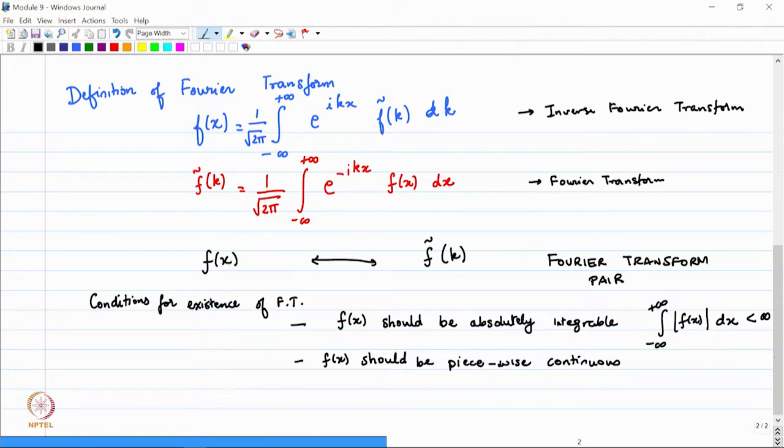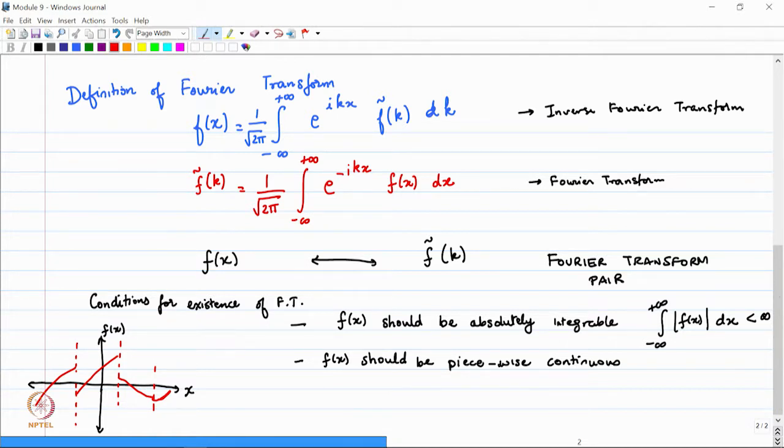What that means is that if I plot x and f of x, a piecewise continuous function might look something like this. It is not continuous, there are points of discontinuity, but there are only a finite number of these discontinuous points. So, that would be a piecewise continuous function.